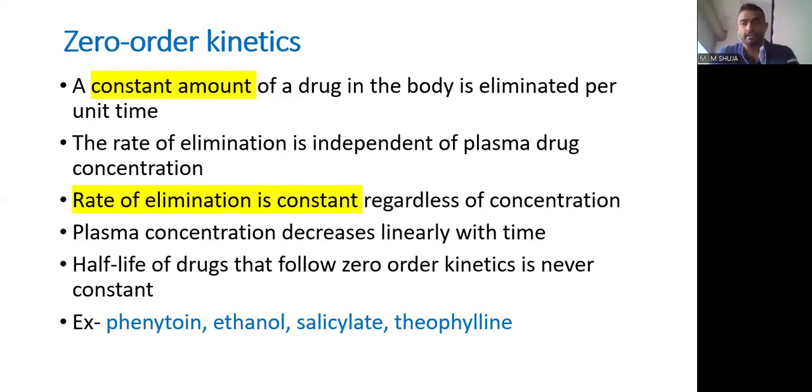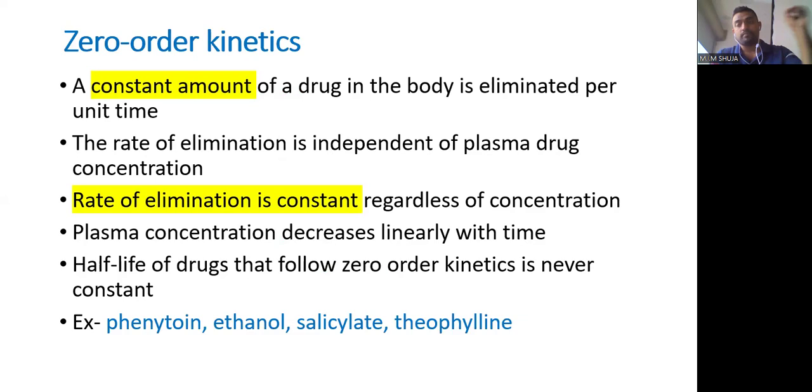Then zero order kinetics. A constant amount of drug is eliminated from the body per unit time, not the fraction. So the rate of elimination is independent of plasma drug concentration, because however you increase the concentration, a certain amount will be metabolized or eliminated.